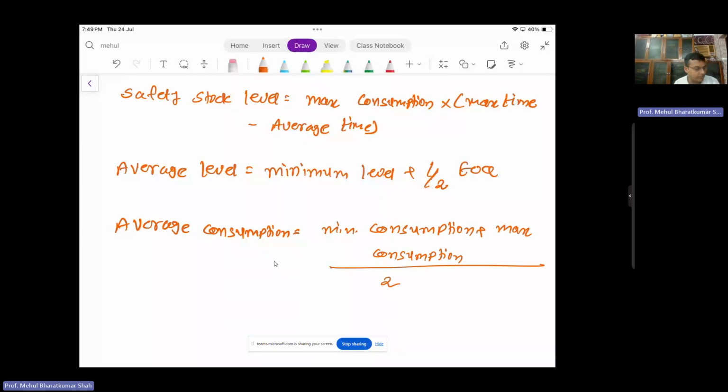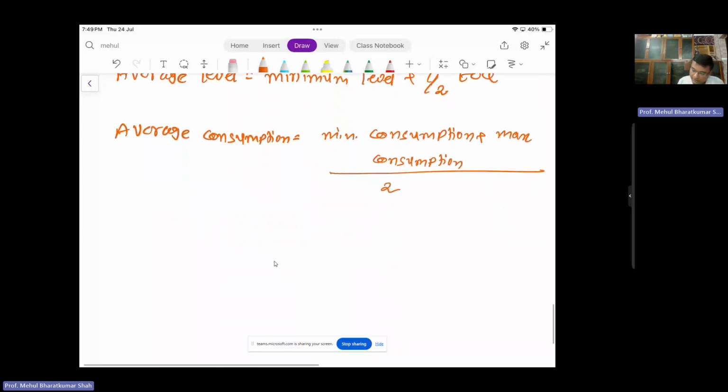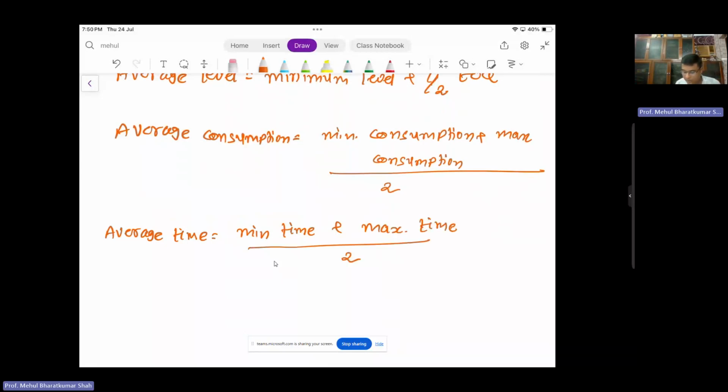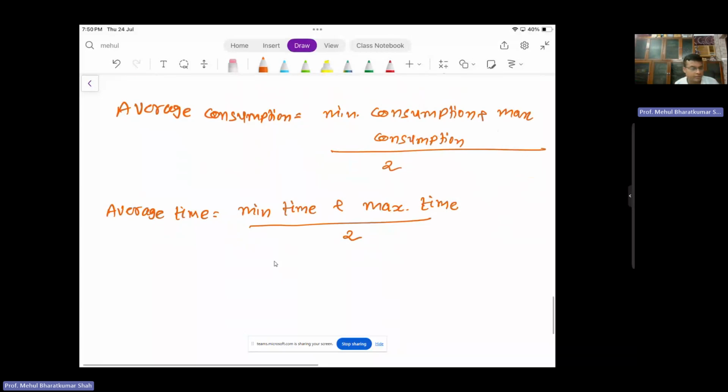Average time is equal to minimum time plus maximum time divided by 2.